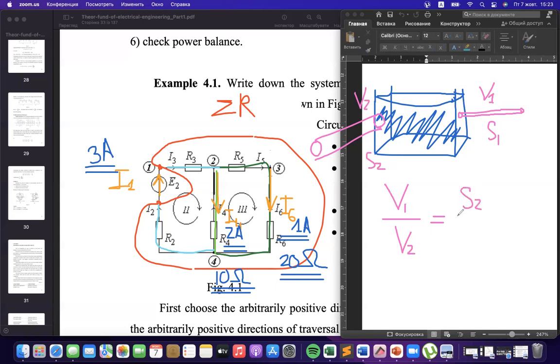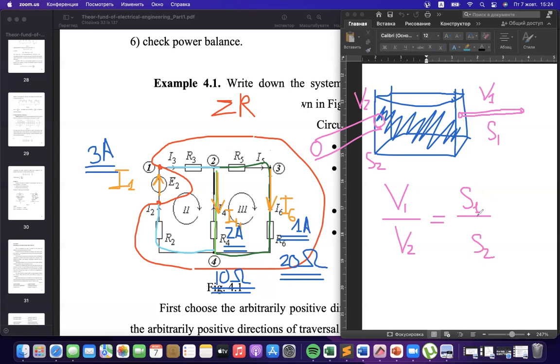The bigger the cross section, the bigger the volume you will get. The smaller the cross section, the smaller the volume you will get.